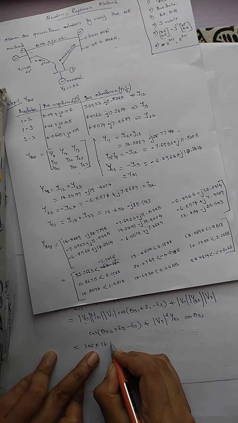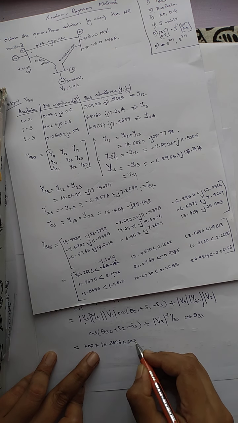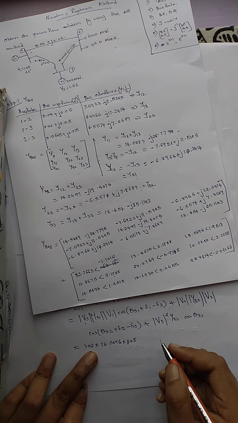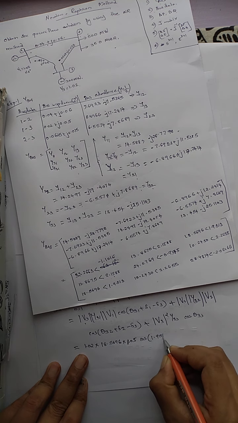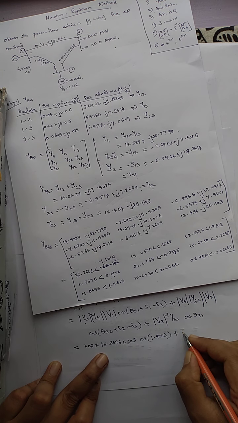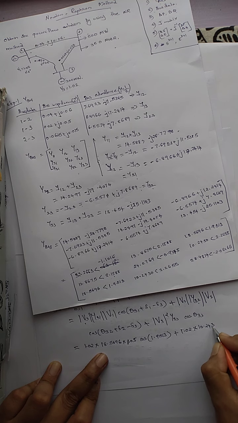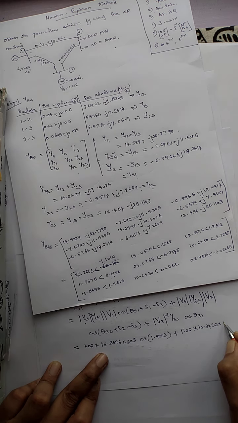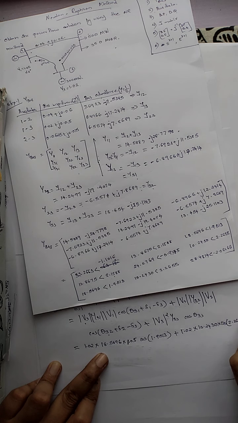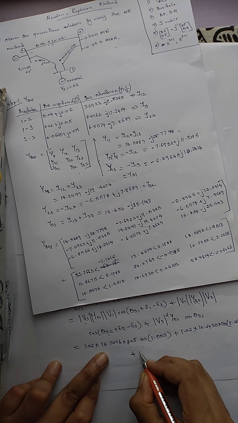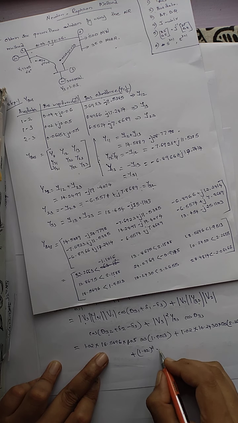Y31 value is 18.5696 into V1 value 1.05 into cos of theta 31, which is 1.9513, plus V3 value again 1.02 into Y32 value 10.2430 into V2 value 1 into cos of theta 32, which is 2.2655, plus V3 square, 1.02 square, into Y33.